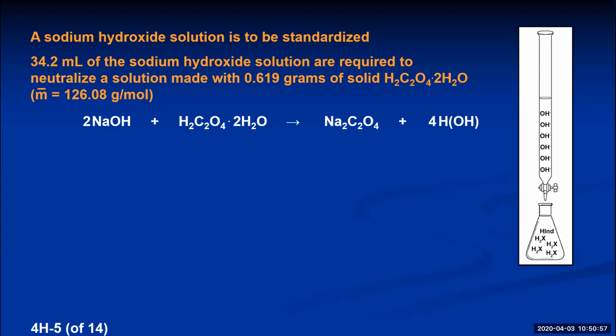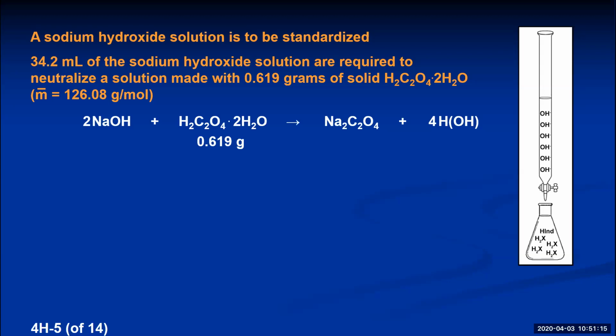Let's write down what's given and what we're trying to figure out. We're given 0.619 grams of oxalic acid dihydrate. We weighed out the crystal, we put it in a flask, then we added a bunch of water so that it dissolved. I don't care how much water, we know how many grams of the oxalic acid dihydrate we used, 0.619.